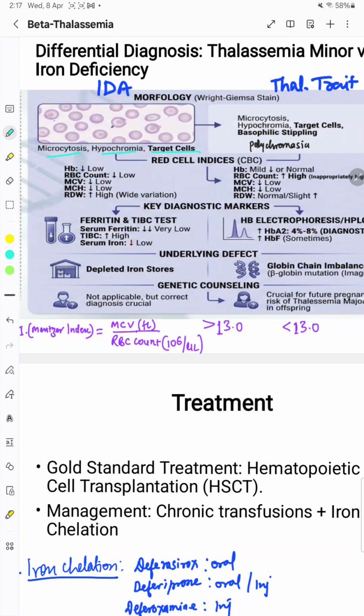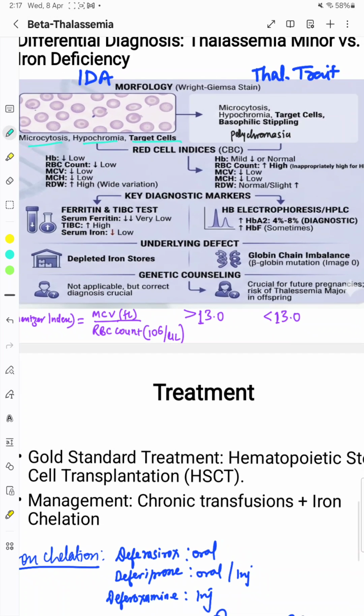But in iron deficiency anemia, there are pencil cells, annulocytes, and in beta thalassemia there is basophilic stippling, which is usually not seen in iron deficiency anemia. Polychromasia is there, and sometimes nucleated RBCs can be seen in thalassemia trait.